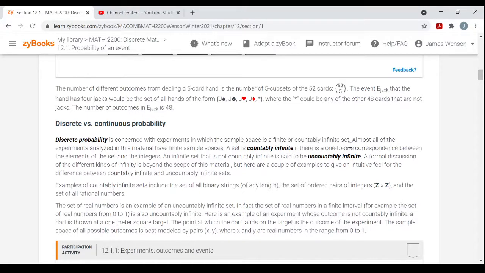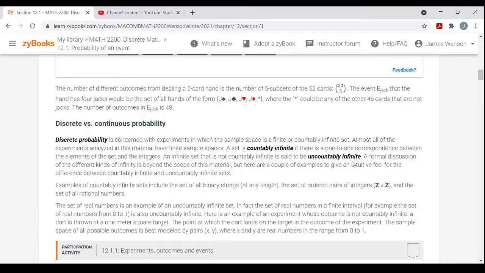Countably infinite means that there is a one-to-one correspondence between the elements of the set and the integers. You could also say just the positive whole numbers, the counting numbers, 1, 2, 3, 4, 5, etc. An infinite set that is not countably infinite is said to be uncountably infinite.